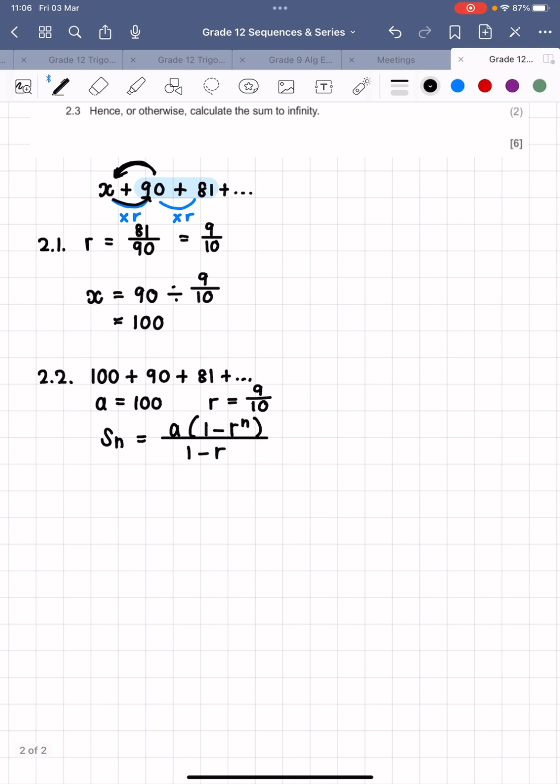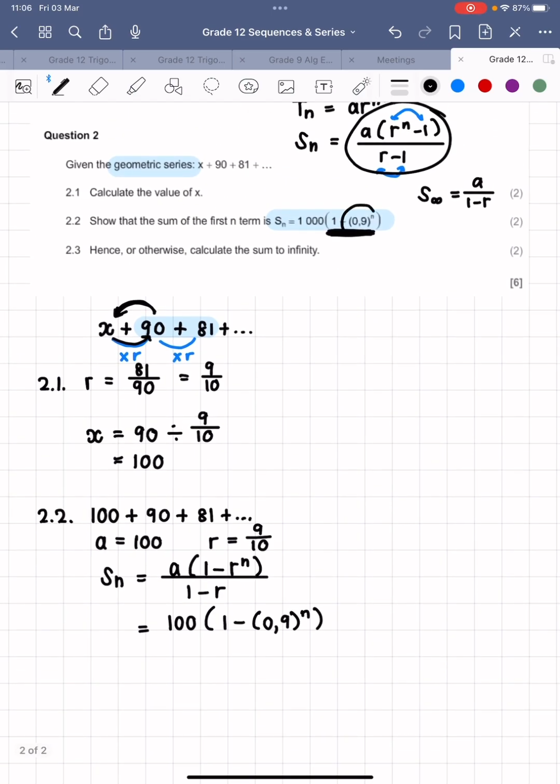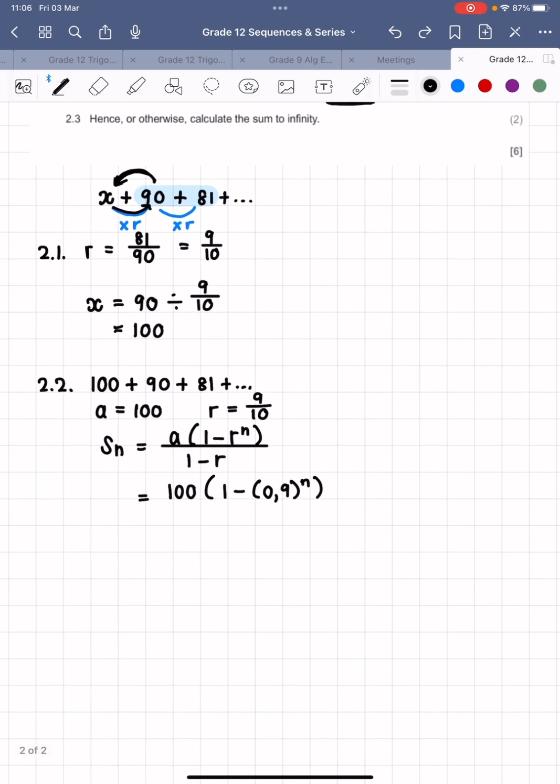Okay, from there, simply going to sub in our value. So we have 100 times 1 minus 9 over 10, guys, is also the same as 0,9. Again, I'm writing it like that because that is what they have in the expression that they want me to get to. And that is then going to be over 1 minus our ratio, which is 0,9.